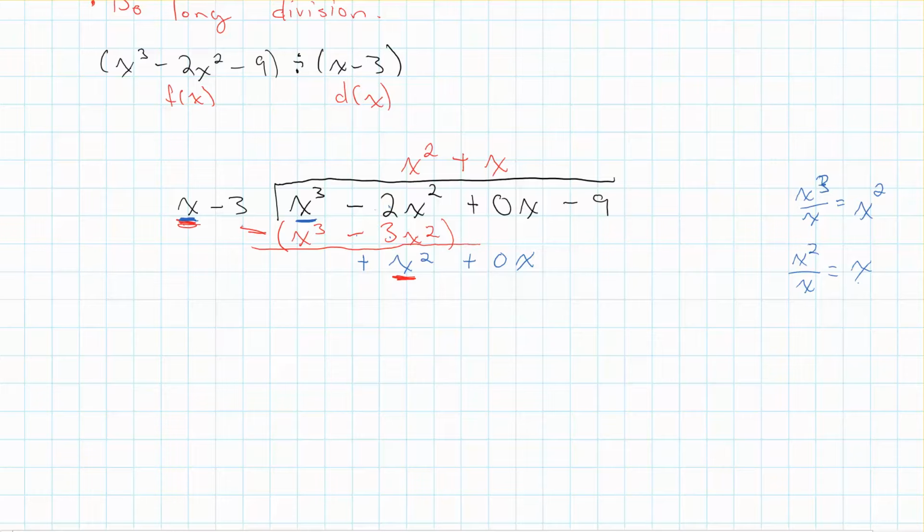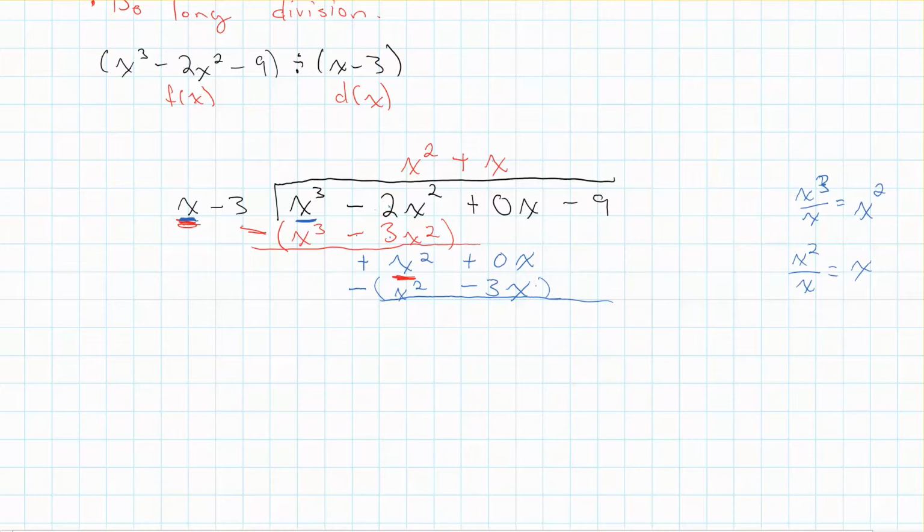All right, now we're going to do the same thing here. We're going to distribute. So x times x is x squared. X times negative 3 would be minus 3x. And then, what do we have here? Well, we need to subtract then. So I'll put those in parentheses and subtract.